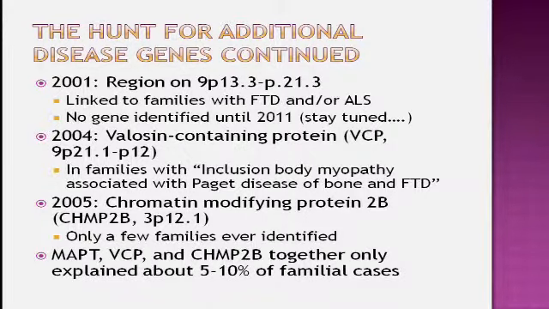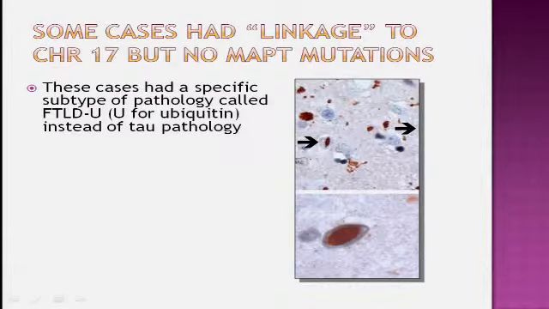Between tau, VCP, and CHMP2B, tau is about 5 to 10%, but VCP and CHMP2B, because they're a very specific phenotype, didn't really add very much. There was still a need to find additional loci. In particular, researchers noted that there were families with linkage to chromosome 17, but as hard as they looked, they couldn't find any mutations in tau.